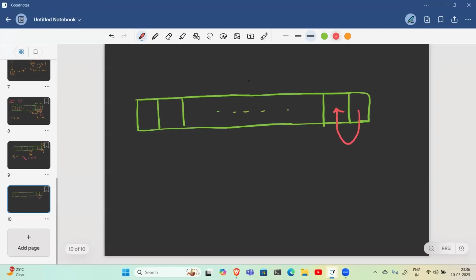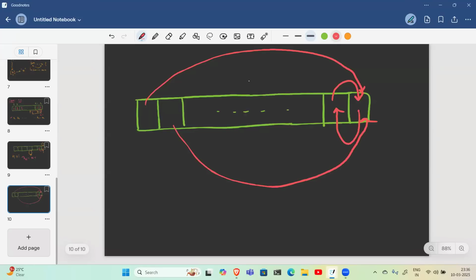Now, since I need to keep things as close to the exit as possible, does it not make sense to make all other cells jump to the exit? Why not make all other cells jump to the exit? That would not violate any condition, right? For all ai not equal to i would be satisfied. And since everyone jumps to the exit, the distance to the exit should also be minimum.